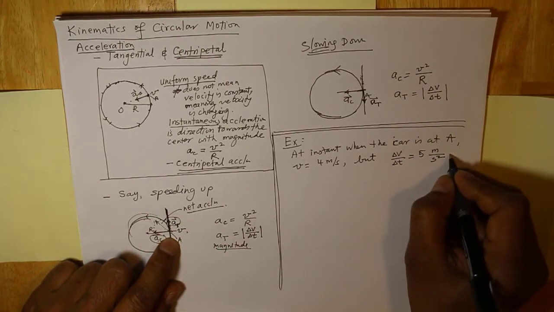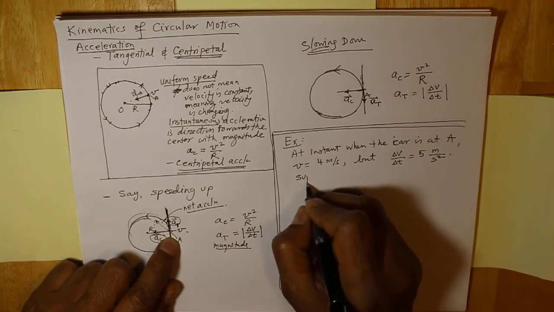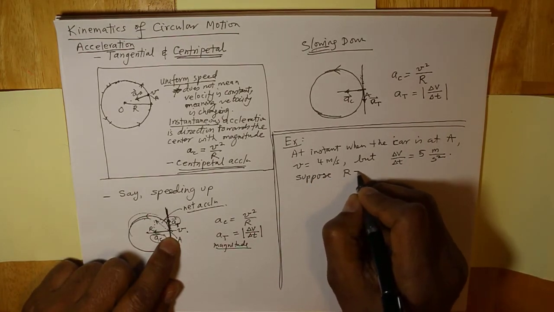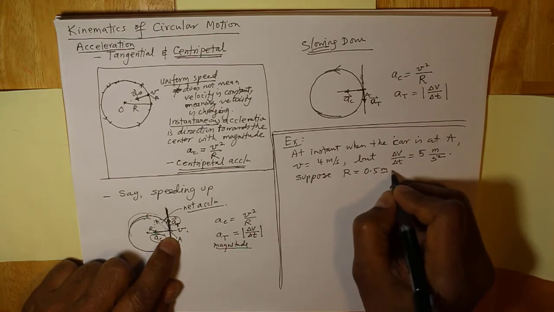So it's changing at this rate. And suppose r is equal to 0.5 meter. Then what do we have?